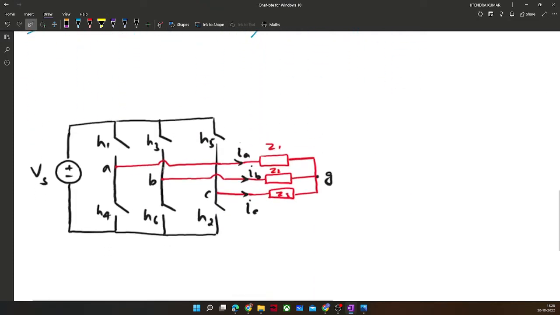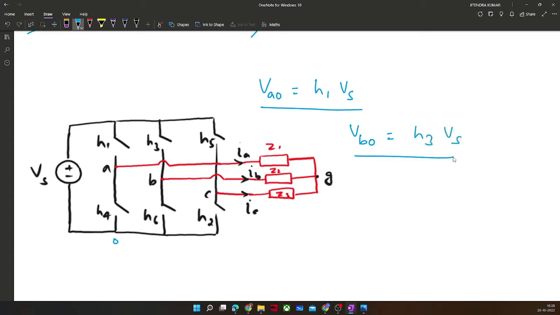So we can write VA0 is equal to H1 into Vs, right? Any confusion? Similarly, we can write VB0 is equal to H3 into Vs. If we know the Fourier series of H1, we know the Fourier series of VA0 indirectly. We just need to multiply with Vs.